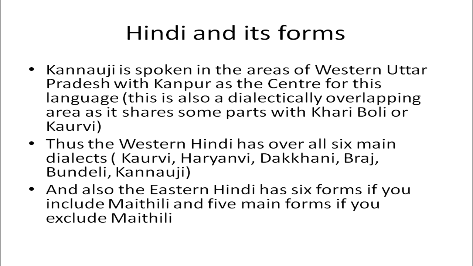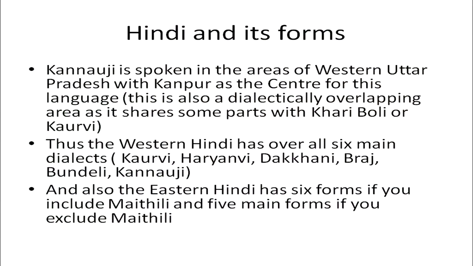Because from Kanpur onwards till Meerut, in Aligarh and all these areas, you find a language which overlaps Koravi, Khadi Boli and also Kannauji. Thus, Western Hindi has overall 6 main dialects: Koravi, Haryanavi, Dakkani, Braj, Bundeli and Kannauji. And Eastern Hindi has 6 forms if you include Maithili, and 5 main forms if you exclude Maithili.